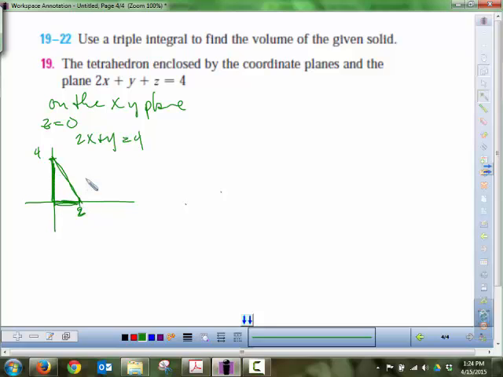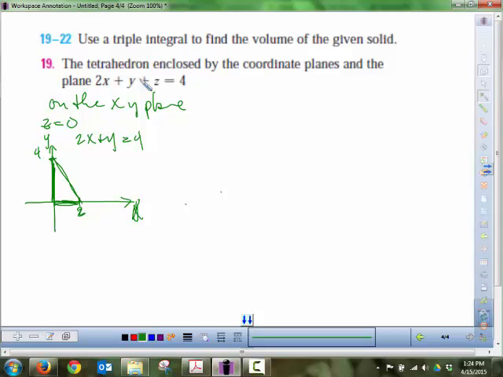It doesn't say it's in the first octant, but the coordinate planes are when x is equal to 0, y is equal to 0, and z is equal to 0. So this is how it would look in the xy plane. You can assume that the plane 2x plus y plus z is equal to 4 is above this. So that would give you your natural z limits, right?